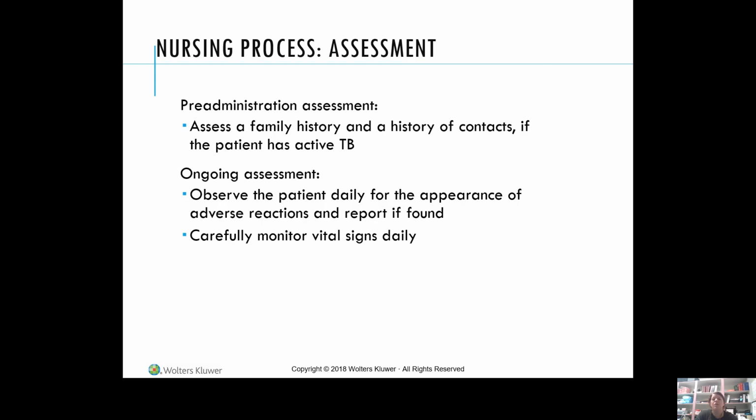When we're assessing the patient with latent TB, active TB, I keep saying TB, BBB, we want to make sure that if the patient has active TB, we need to know who they've been in contact with. And the CDC follows all of that very closely so that they can do tracking and see where this is spreading, where it is coming from.